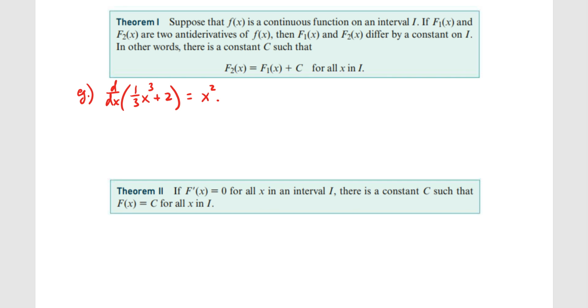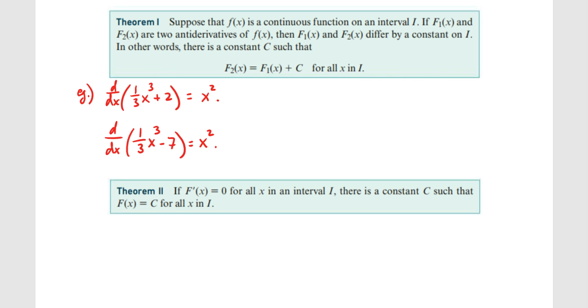But if we take the derivative of 1/3 x cubed minus 7, we end up getting x squared plus 0 again, so we get x squared. So notice how if we keep on doing this, but we change the constant, we'll keep on getting the same derivative, so the constant doesn't matter.